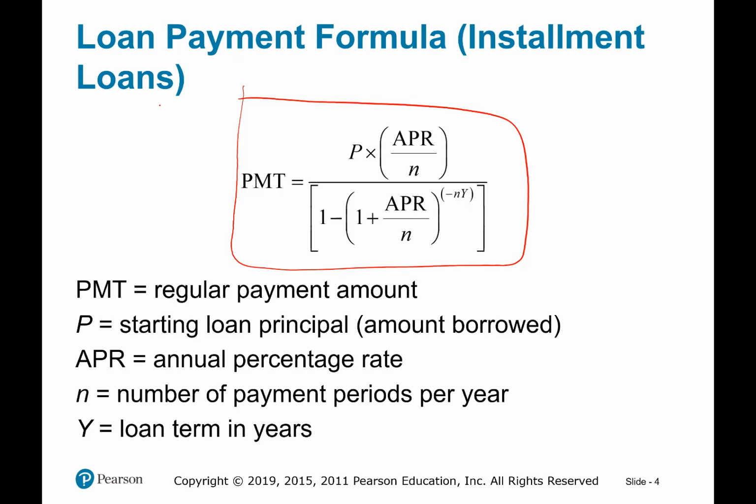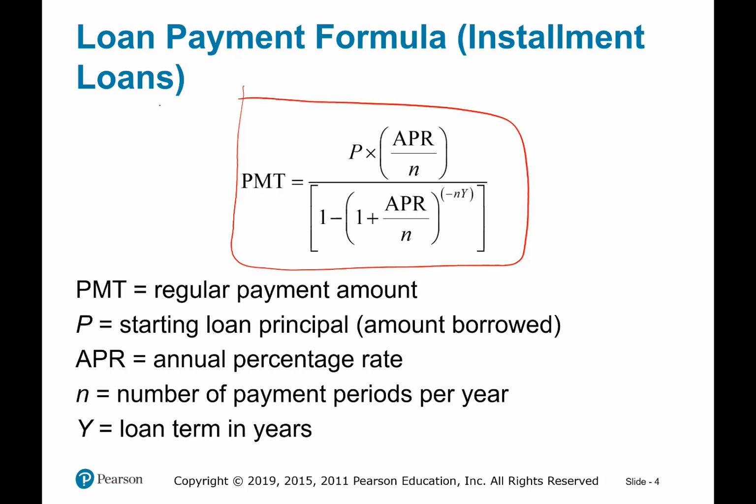So payment is PMT, P is the starting loan principal, and the APR is the annual percentage rate. N is the number of payment periods per year. That's a little different now, with a slightly different definition.